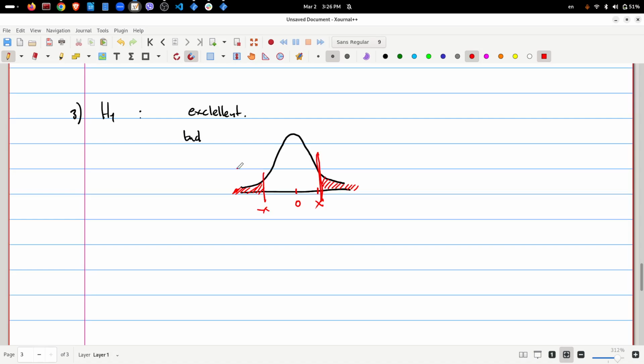Because in both cases, if I would get a value here or a value here, this value would be more extreme, more different than my observation.